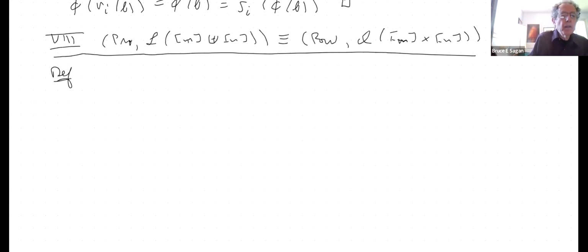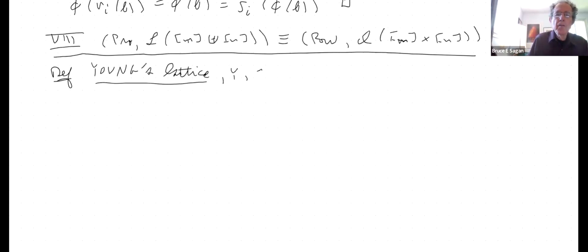So recall, most of you already know this definition. Young's lattice, denoted Y, is just all partitions lambda ordered by containment of diagrams.